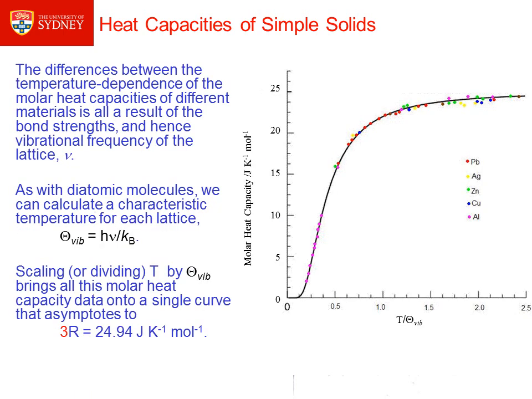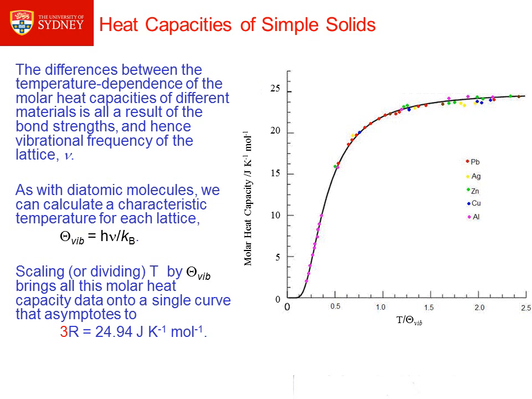The difference between the temperature dependence of the molar heat capacities of different materials is all a result of the bond strengths, and hence vibrational frequency of the lattice nu. As with diatomic molecules, we can calculate a characteristic temperature for each lattice. The characteristic temperature for vibration is again Planck's constant times the vibrational frequency divided by Boltzmann's constant.